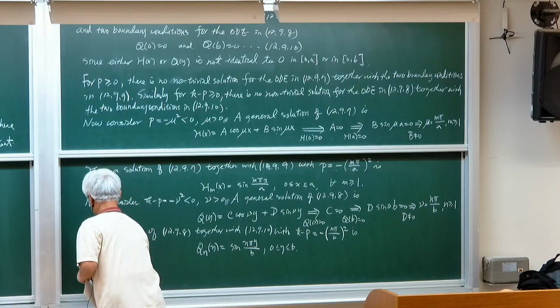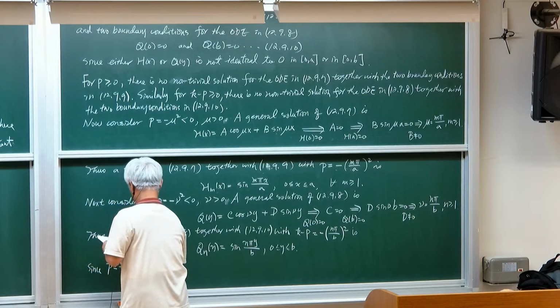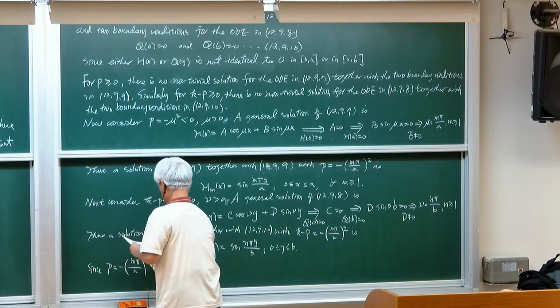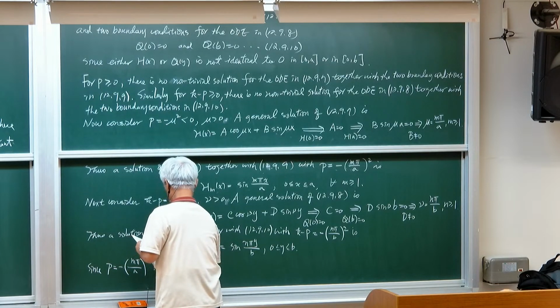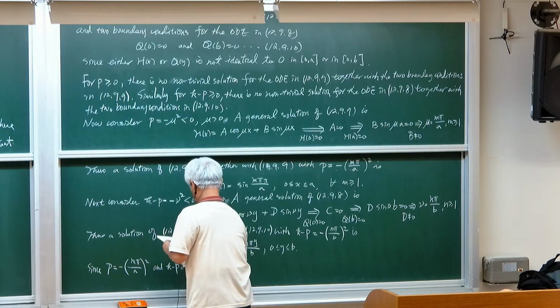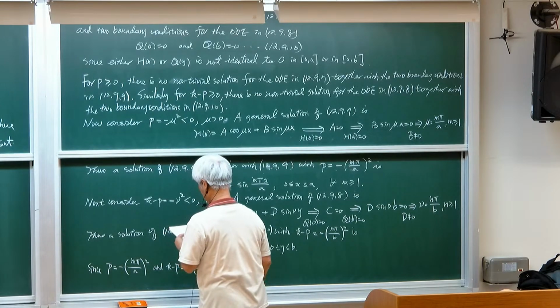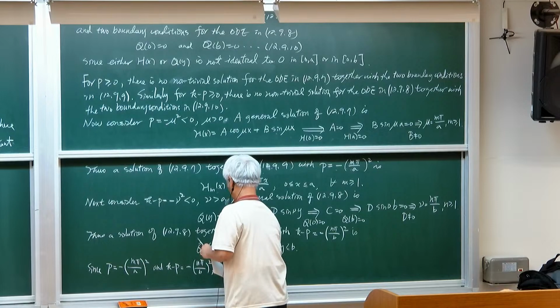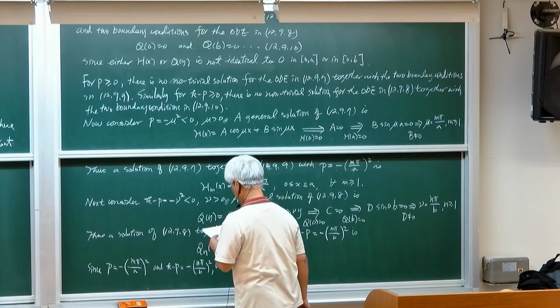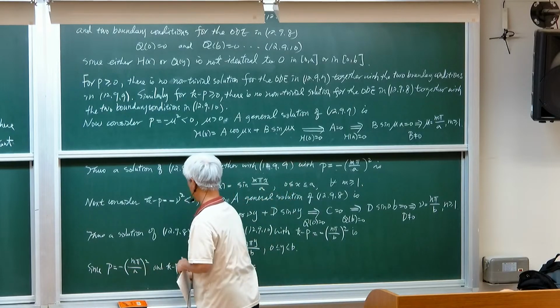Now, since we set p equal to minus m pi over a, squared, and k minus p equal to minus n pi divided by b, squared, then we have k, which is just the sum, okay?